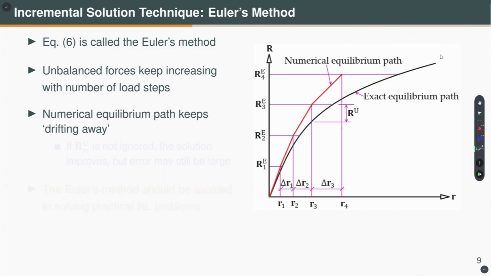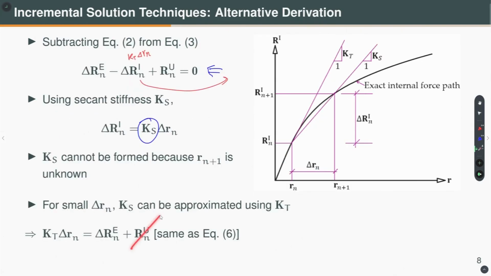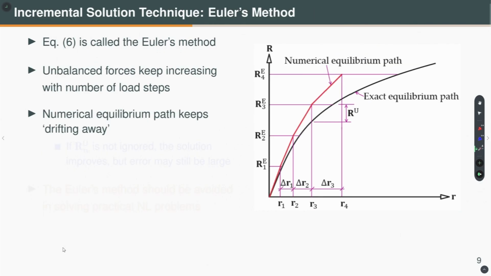Okay. So, if I apply some external load, what is the solution that I am calculating? First, imagine that I am ignoring this. So, I am just solving this equation: my incremental external load is equal to tangent stiffness times incremental displacement. If I solve that, what am I doing?